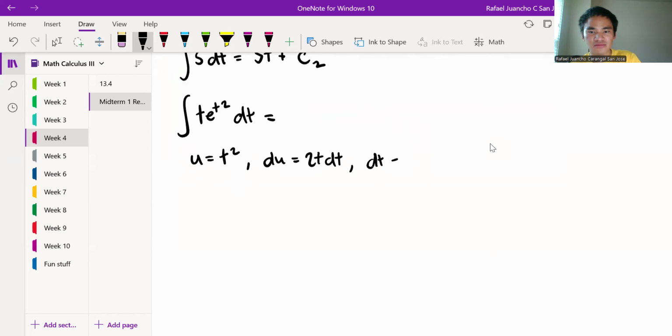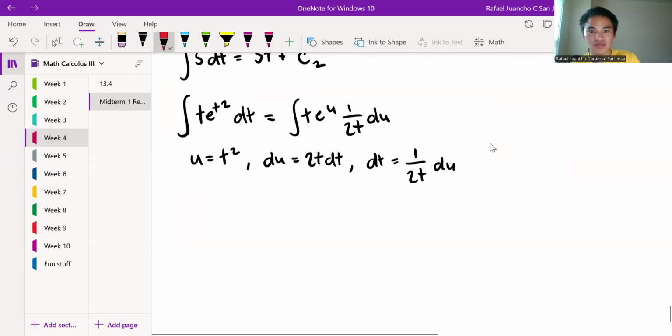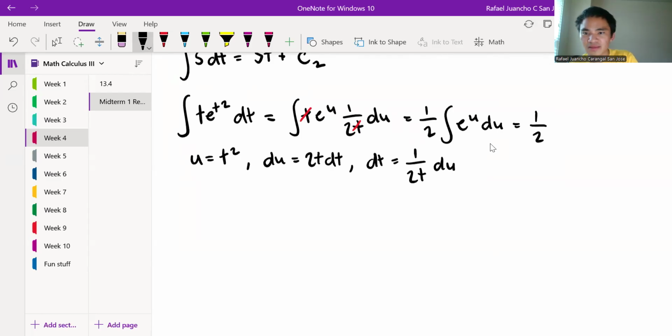So my dt is just 1 over 2t du. And so if I combine all of that, I get t e to the u, and then my dt is just 1 over 2t du. And here I get to cancel out my t. So I get 1/2 of e to the u du. And I can do this plus some constant c3. But again, my u is t squared, so I get e to the t squared over 2 plus c3.